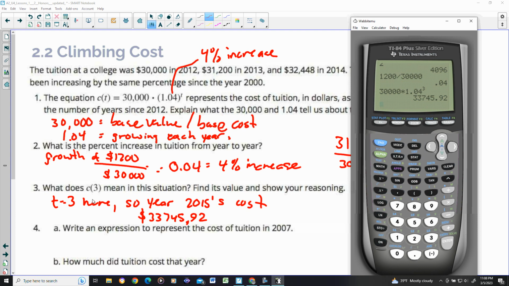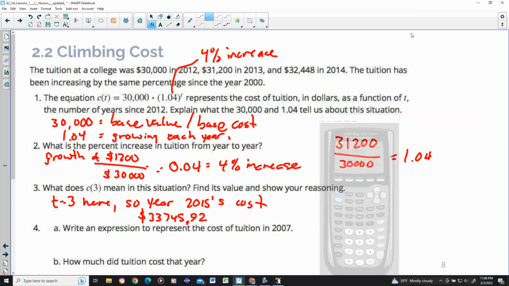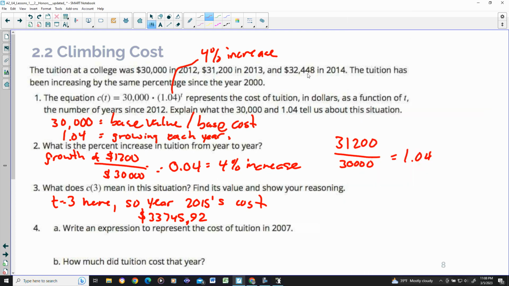All right. So write an expression to represent the cost of tuition in 2007. Now, wait a second. Can we do that? Because doesn't this function start at 2012? Oh, but it does say the tuition has been increasing by the same percentage since the year 2000.